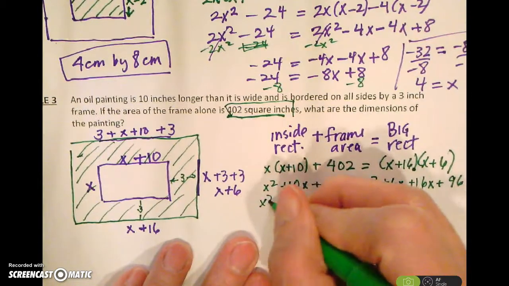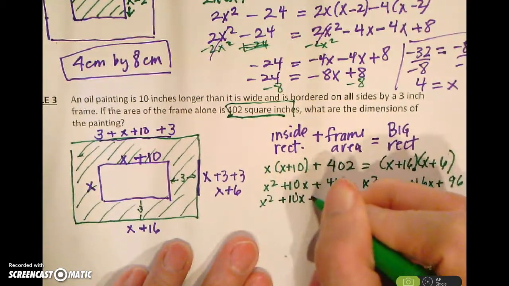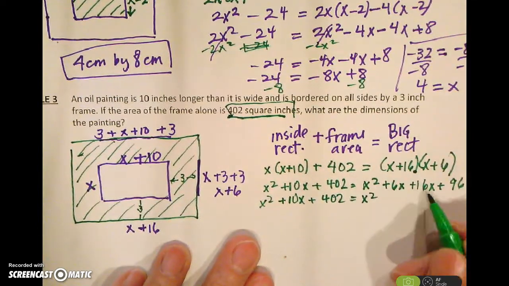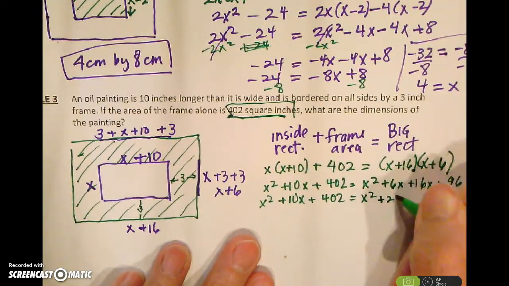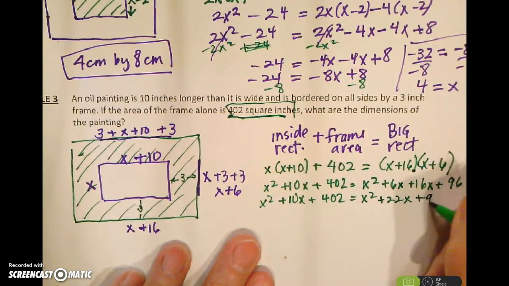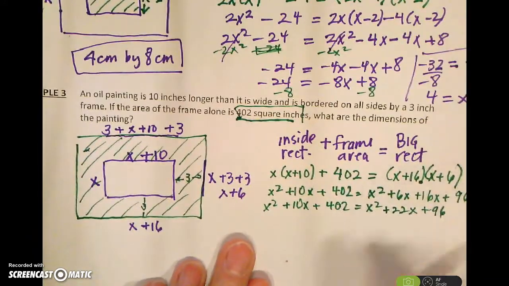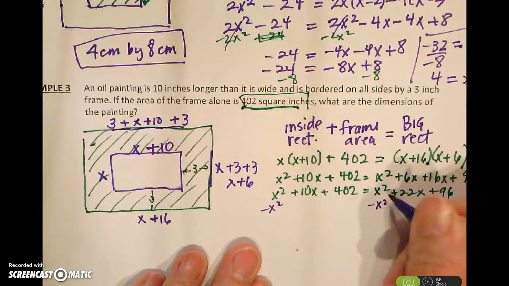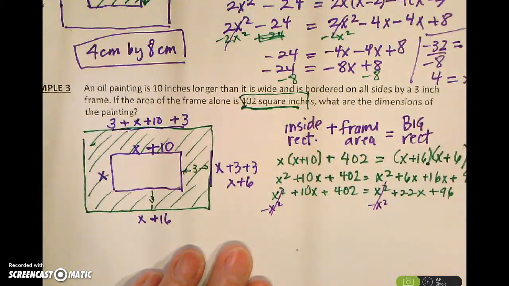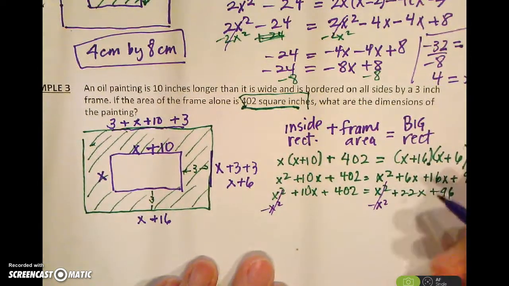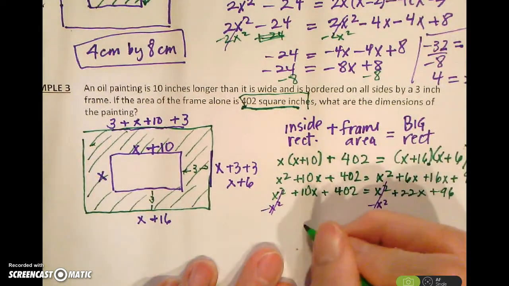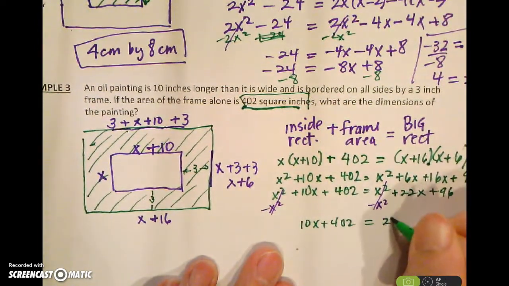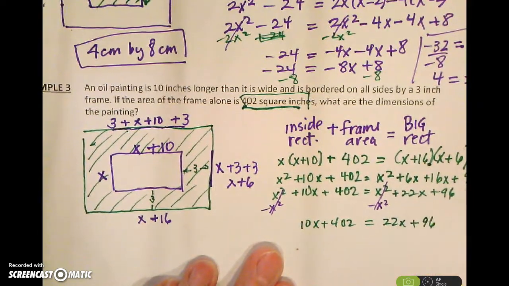Right now we have x squared plus 10x plus 402 is equal to x squared plus 22x plus 96. When I subtract my x squareds from both sides, they subtract out, so I'll rewrite this: 10x plus 402 is equal to 22x plus 96.